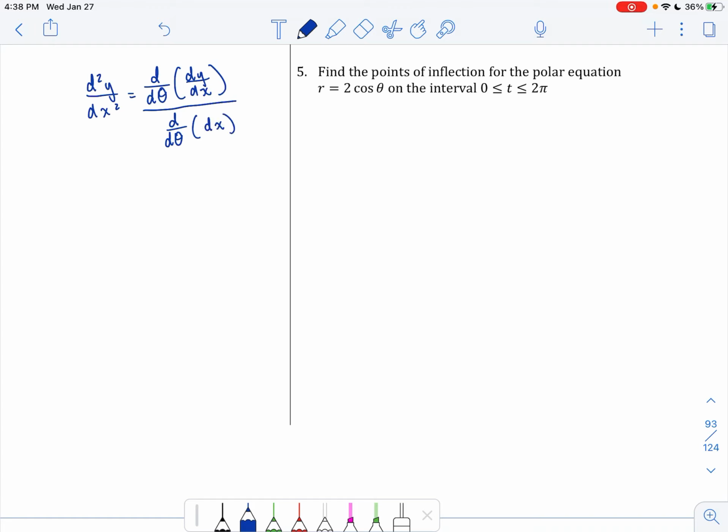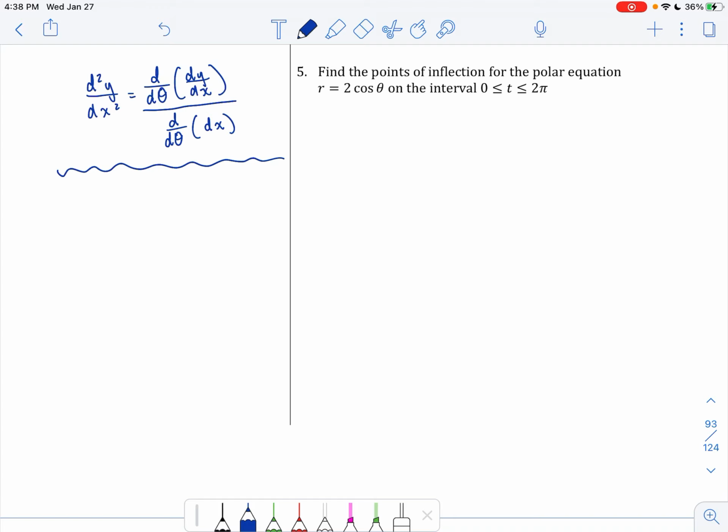So it does become a very complicated piece to use our second derivative just like it is for parametric. Again, it's not like you're going to run into this a million times. And one nice thing is that you can definitely avoid using either of these complicated formulas if possible.